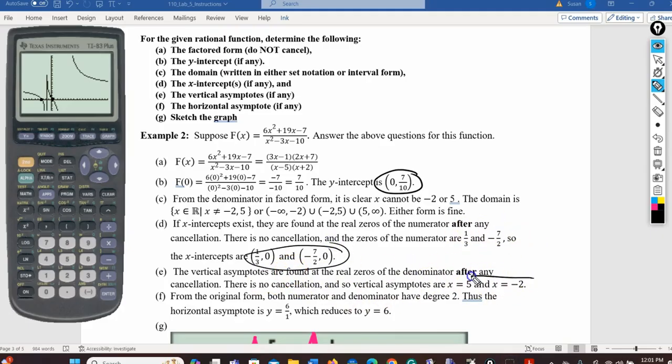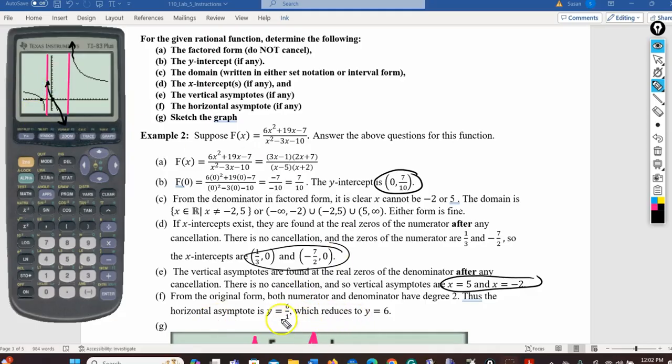We would have vertical asymptotes, x is equal to 5 and x is equal to -2. So there's my one at x equals -2. And at x equals 5, that's going to be about there, because you can tell that the graph is going to keep going up like that.